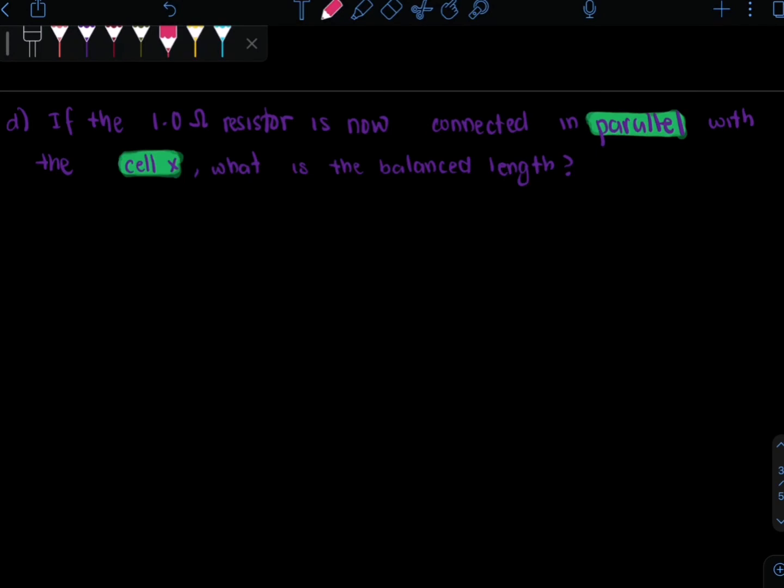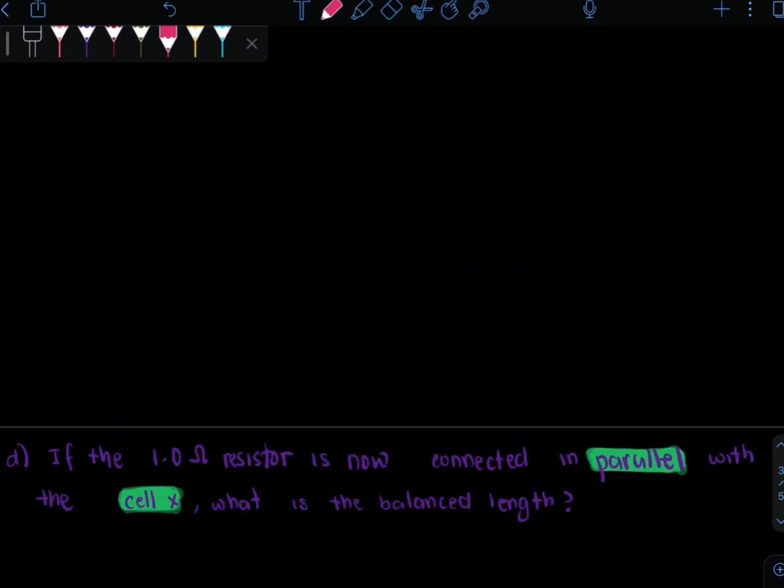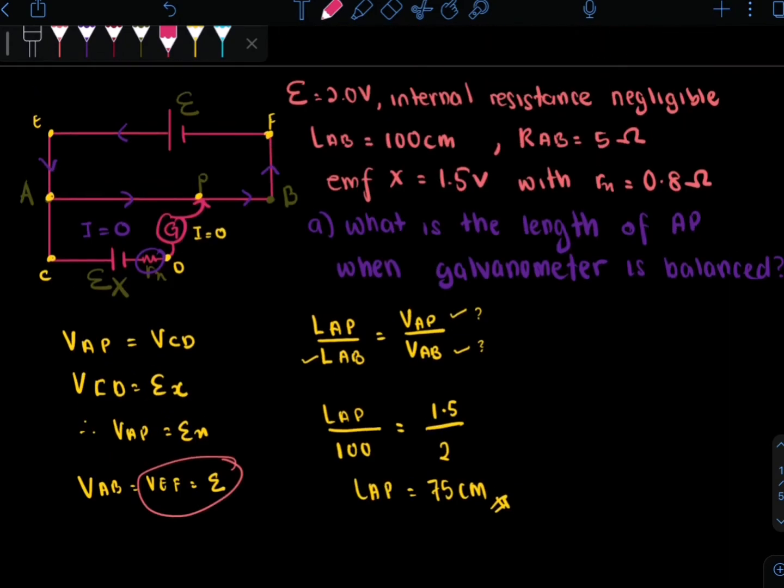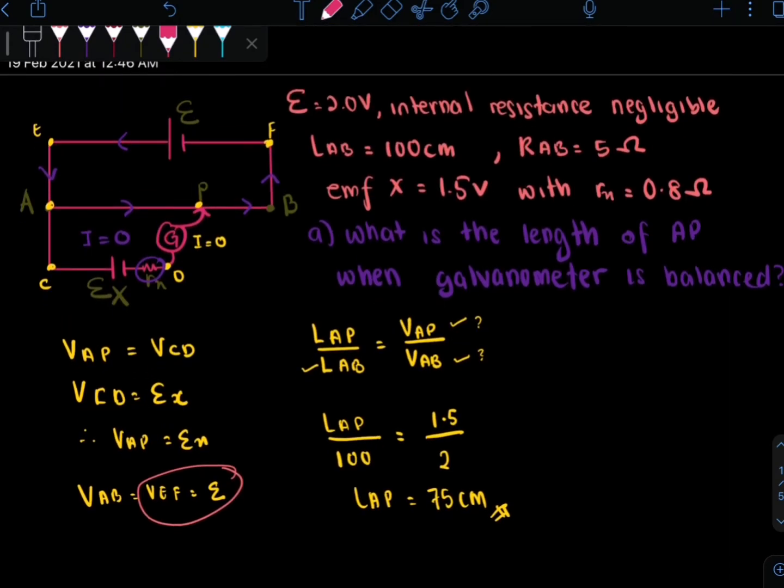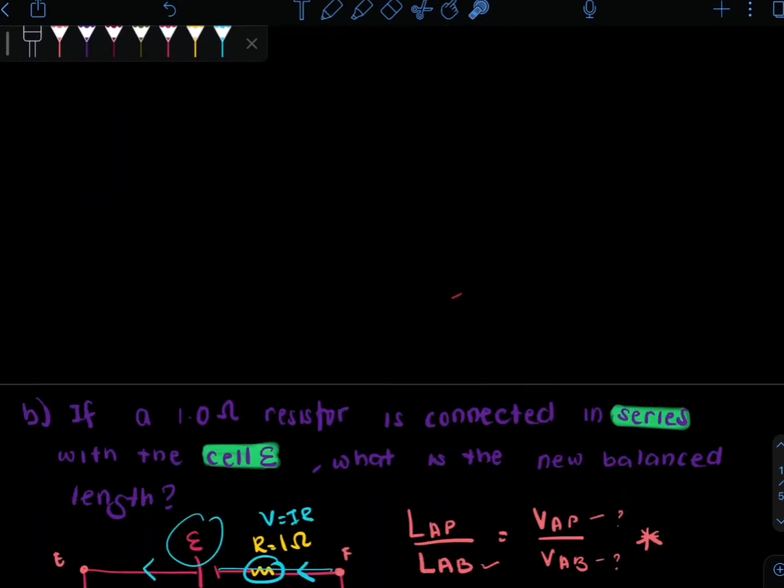Okay, lastly, the question states that if that 1 ohm resistor is now connected in parallel with the cell X, what is the balance length? Maksudnya daripada soalan asal tadi ini, soalan A tadi, ini adalah gambar raja asal soalan. So dia cakap you connect the 1 ohm resistor in parallel dengan EMF X ini.